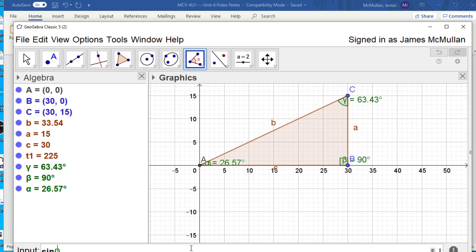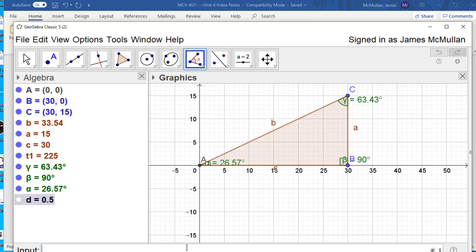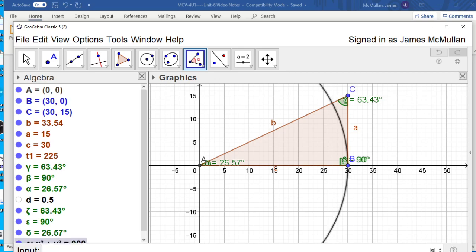Am I wrong? Sine 30? No, I guess I just didn't put these in the right place. Oh sorry, it's the hypotenuse. Yeah, sorry, I'm thinking of the hypotenuse. So what I actually need here is a circle from A that's 30, and then I need my triangle to end right there.